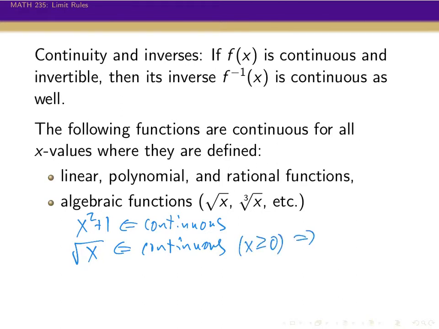Well, that means that I can take x squared plus 1 and plug it in to square root of x. For any x value I plug in here, I'm always going to end up with something positive inside the square root. And so this new function that we got from the composition is now continuous for all x values.